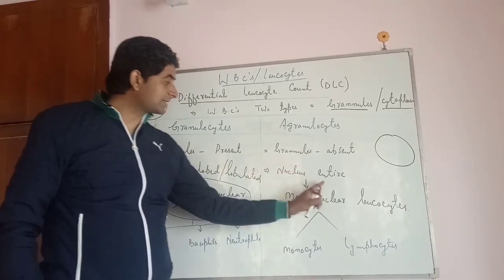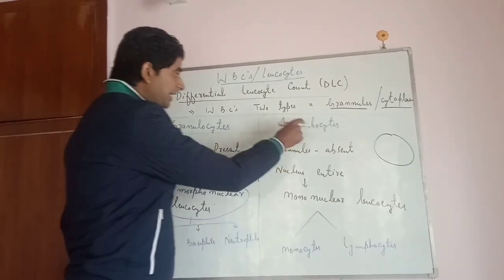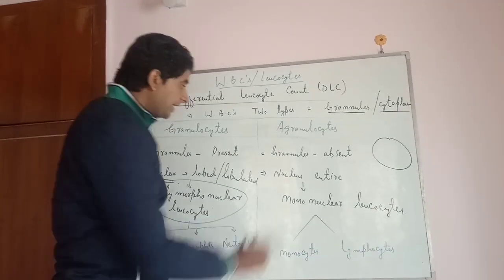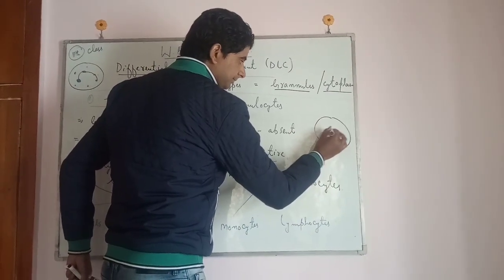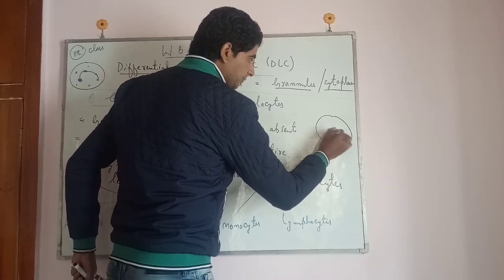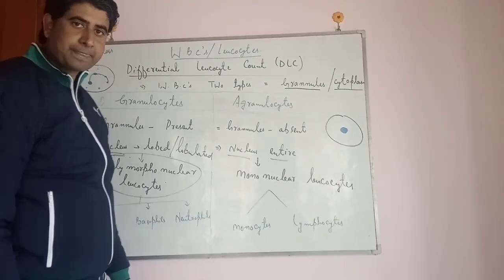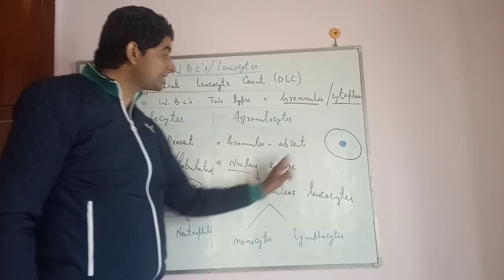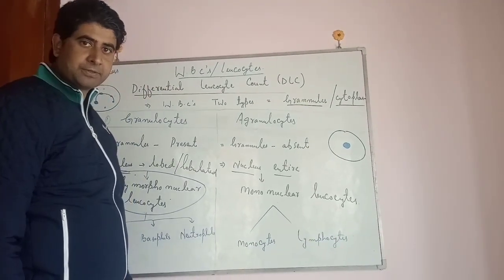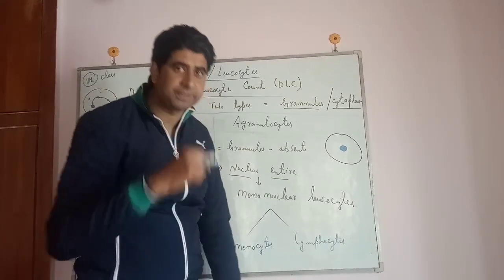While on the other side, in case of the agranulocytes, here the nucleus is entire, just like this, जो normally cells में present होता है. So that means यहाँ पे lobulated nucleus नहीं होता है. Here the nucleus is entire. So that means nucleus की यहाँ पे एक ही shape बनती है.